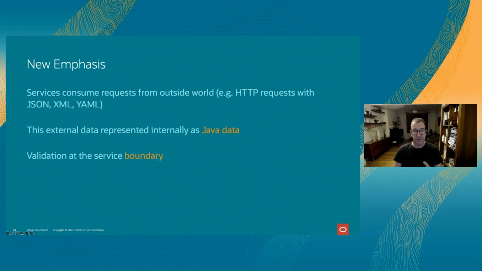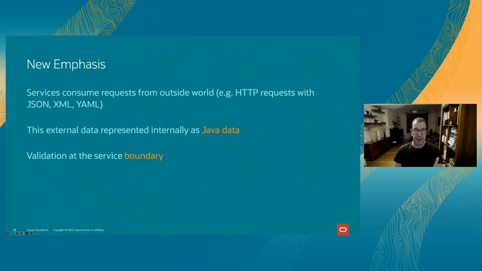Well, if you look at these services, they consume requests that come from the outside world, such as HTTP requests with untyped XML, JSON, or YAML payloads. But only the most trivial of services would want to work directly with data in this form. We're Java programmers, right? We don't want to represent numbers as strings of digits, but rather as Java ints or longs.